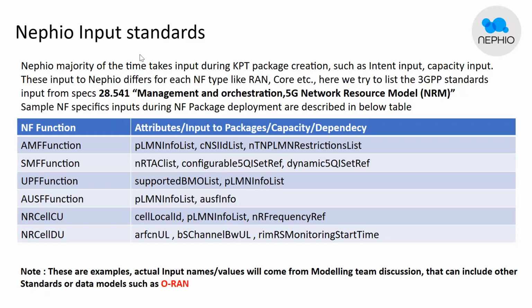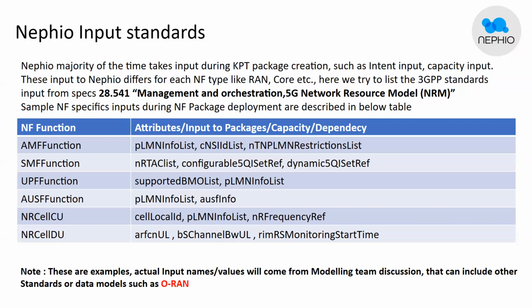Again, I didn't understand this piece of it, right? So you're saying, I guess we're focusing on CSAR package creation? Yes, because that is where we provide a lot of input as of now, whether it's dependencies or capacity or other kind of intent.